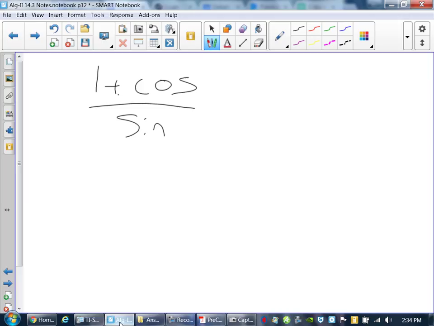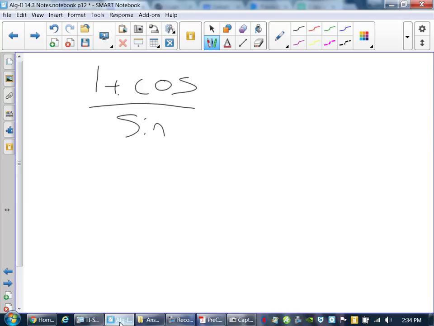That works whether it's 2, 3, or 4 terms in the numerator. So now you just split it into 1 over sine plus cosine over sine and go on from there.